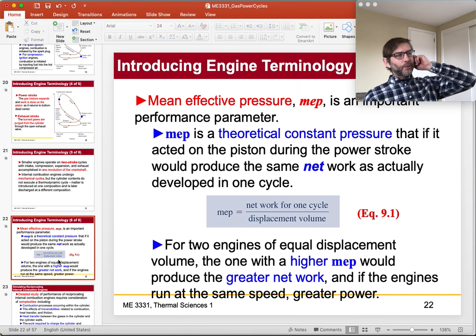But what it's really useful for is, since it normalizes the work that's done by the cycle over the displacement volume, which is like how big the thing is, we can understand whether an engine is at high load or low load independent of how big the engine is. So like if you say an engine is operating at 2000 kPa, 20 bar, that means the thing is operating at really high load.